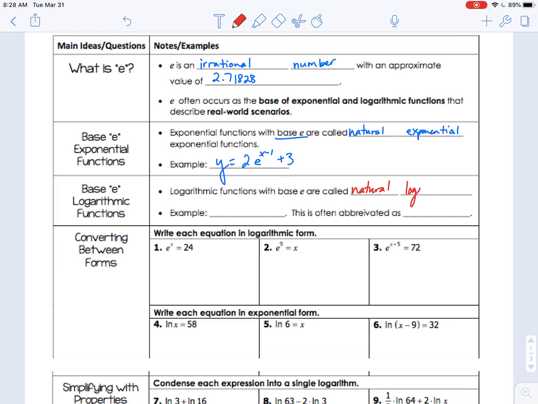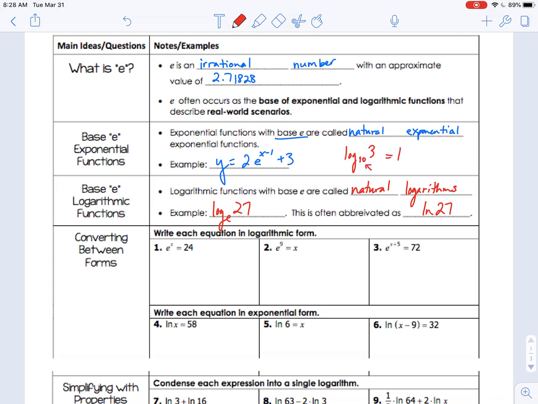And logarithmic functions with base e, like we said earlier, are called natural logarithms. They can be written as log base e of 27, or ln of x, or ln of 27.